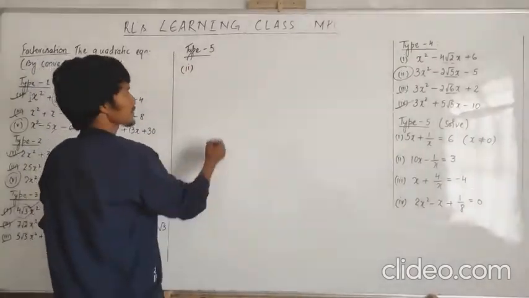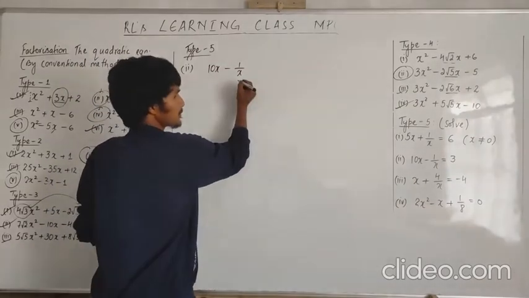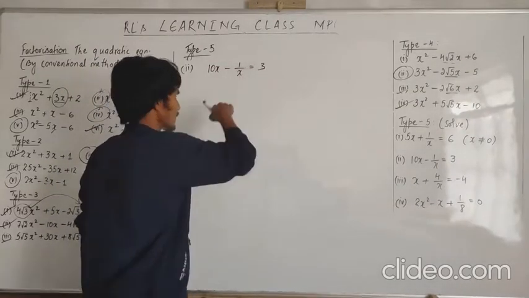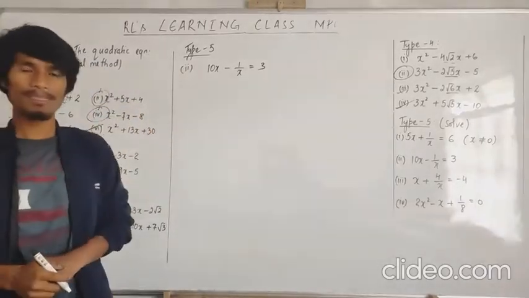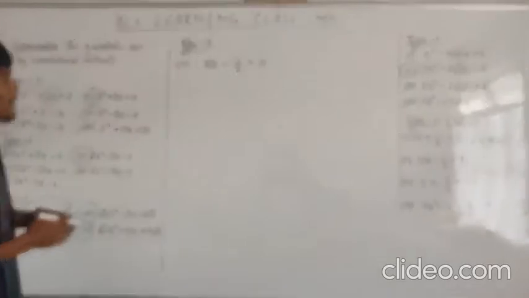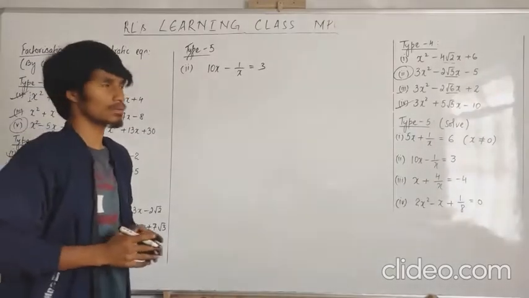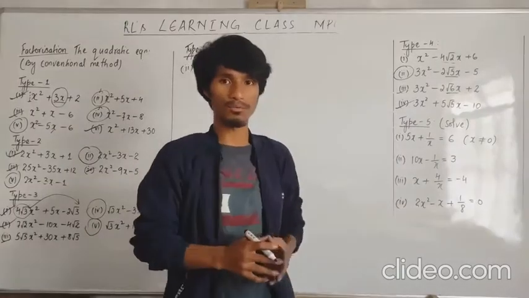Okay, question number 2. Question number 2 will be then x minus 1 by x is equal to 3. Okay, now this one also the same as type 2, this question. Okay, you will see why I said this is as a type 2.